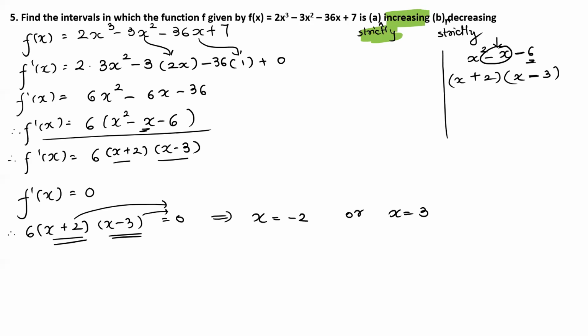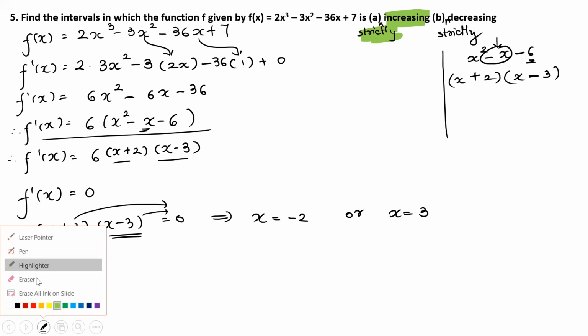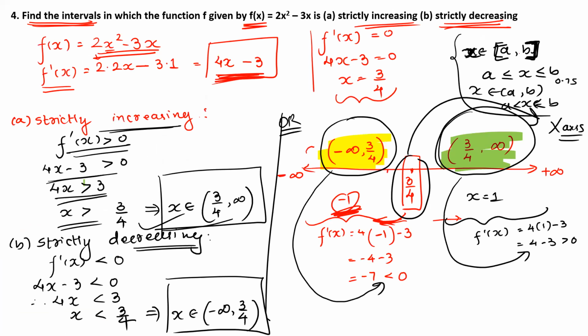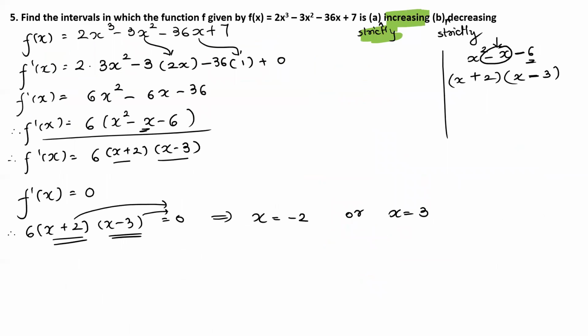Now I got 2 values. Remember the previous one? After getting the value of x, we put that value of x on the number line. You remember 3 by 4? We put on the number line extending from minus infinity to plus infinity. Just like in 11th also we had this kind of linear inequality. We used something like that.